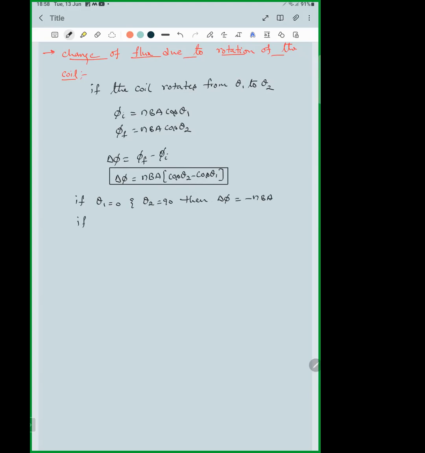If theta 1 is equal to 90 and theta 2 is equal to 180 degrees, then cos 90 is 0 and cos 180 is minus 1, so again you get minus NBA. And if theta 1 is equal to 0 and theta 2 is equal to 180, then delta phi is equal to minus 2 NBA.